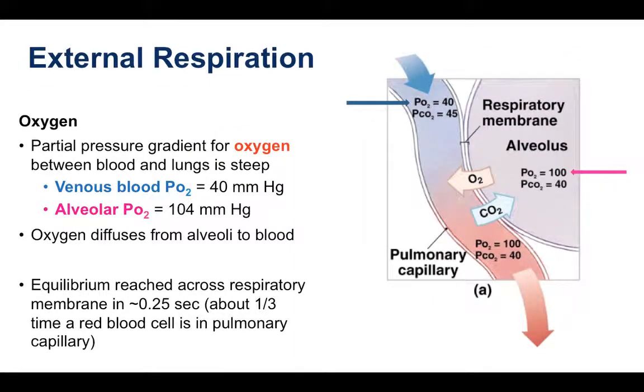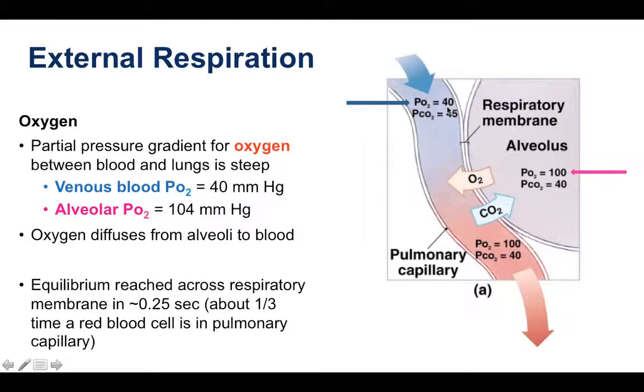Just remember that this is going to be a simple diffusion process, and whenever something goes through diffusion, it's just going to go from an area of high to an area of low. In this case, the partial pressure of oxygen in the lung, in the alveoli, is going to be about 100 millimeters of mercury, and the partial pressure of oxygen in the blood that's coming back from the body is going to be about 40.